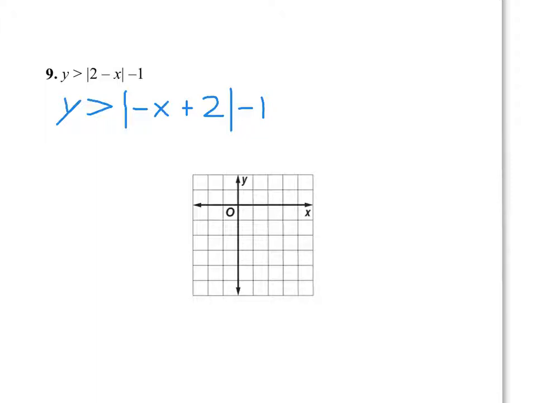We don't want that negative to be in front of the x. So we take out a negative 1. So if I divide negative x by negative 1, I get positive x. If I divide positive 2 by negative 1, I get negative 2.